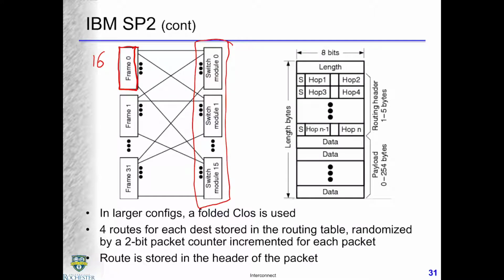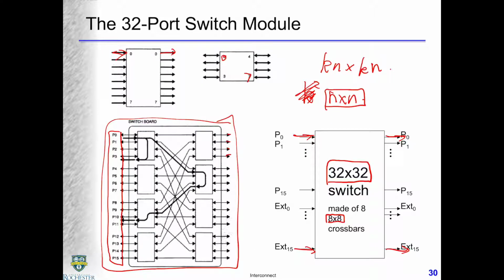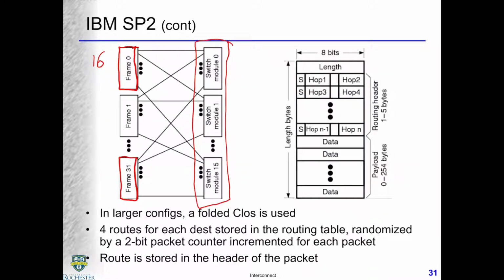And so in this configuration, we have 512 machines. There are 32 of these frames. Remember, each one has 32 ports going out, no, not 32, 16 ports going out. Yes, 16 ports going out. There you go. 16 ports.